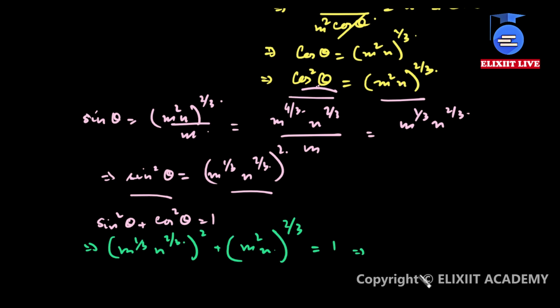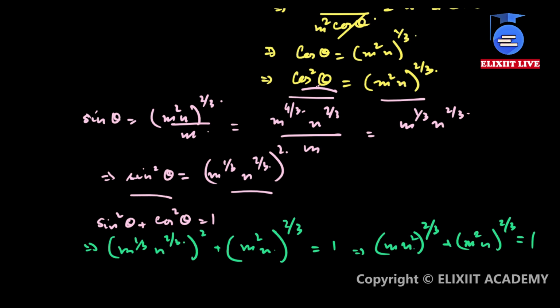So ultimately you can write this as (m square n) whole to the power 2 by 3 plus (m n square) whole to the power 2 by 3 is equal to 1. Clear? This is our required relation.